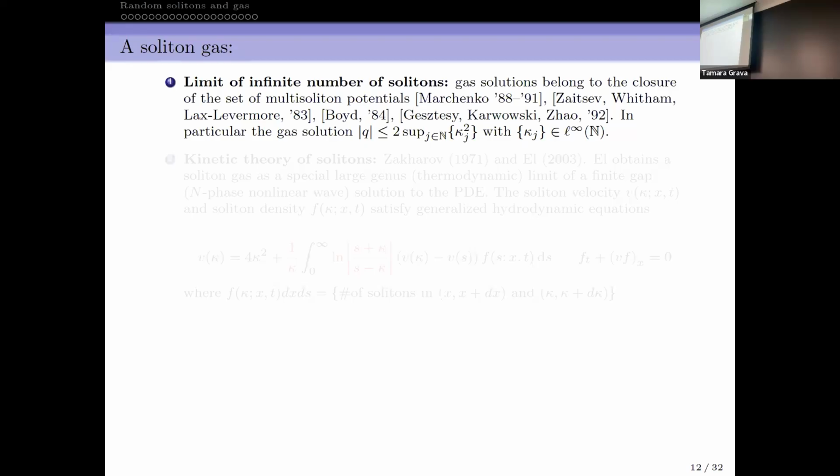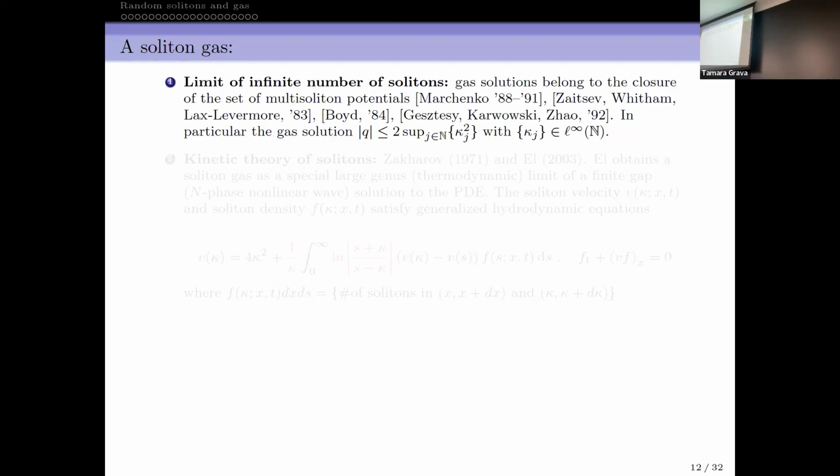They were the first to observe that if you take an infinite number of solitons, with the sequence of kappa j, the solution remains bounded by the highest eigenvalue. You need to take this set of kappa j, the norming constants and the eigenvalues, in some interval, and they prove in particular that the solution is bounded.